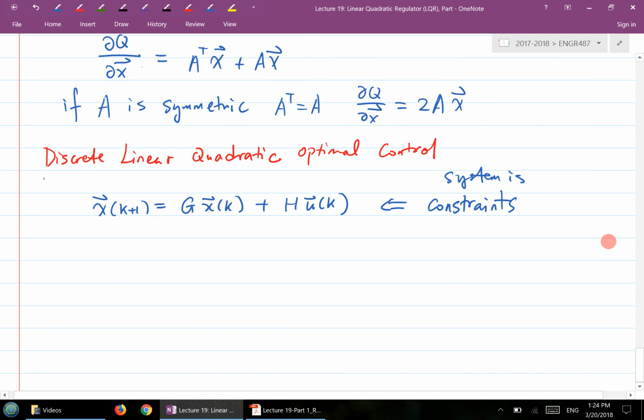Now in our particular case, we want to minimize a particular function.